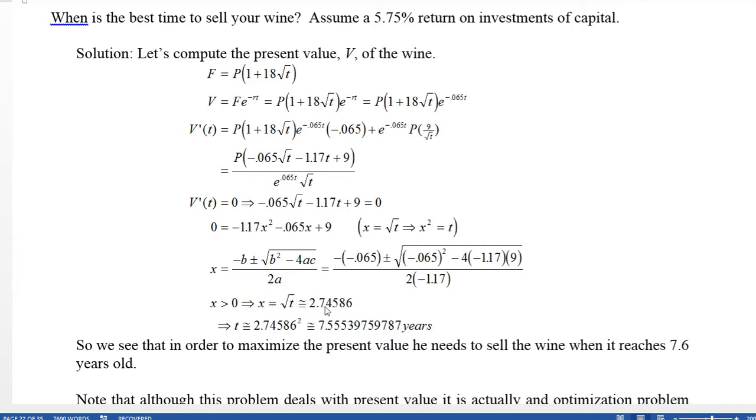So the square root of t is here, square both sides to get t, and of course t has to be positive, so this makes sense. So it's about 7.6 years.